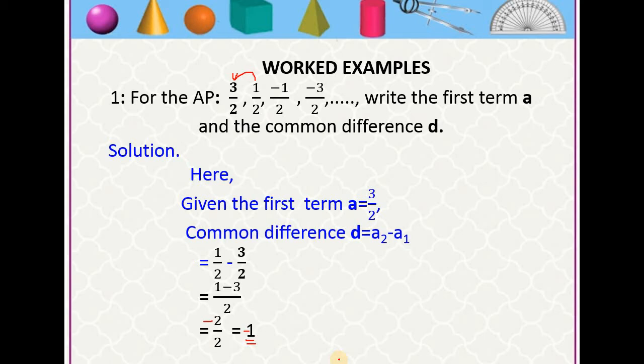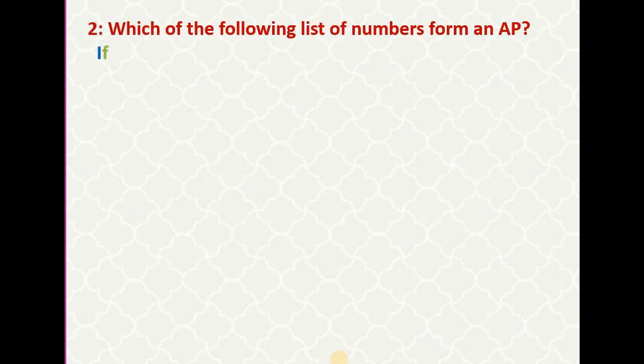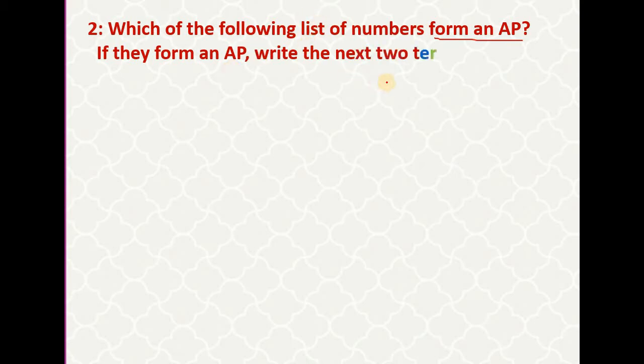Now let us move to the next problem. Which of the following lists of numbers forms an AP? If they form an AP, write the next two terms.